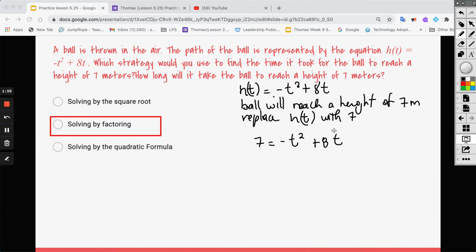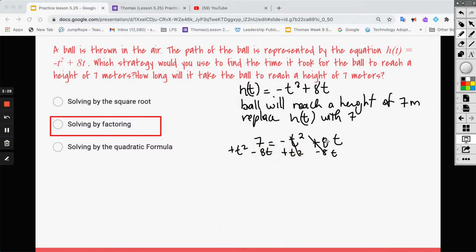In order for us to solve by any method, we want to make sure that our equation is equal to 0. And for me, I really don't like when my square term is negative. So I am going to remove the terms from the right side of the equation and make the right side equal to 0. So I'm going to add t squared to both sides of the equation, and I'm also going to subtract 8t from both sides of the equation.